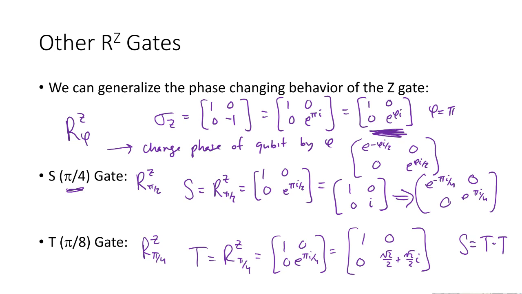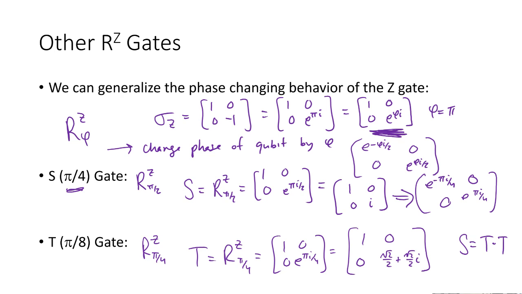And if we want to be really complete, we can say that equals [1, 0; 0, e^(phi i)], where phi equals pi. So the last form is our template for a collection of gates that we give the name R_Z(phi).